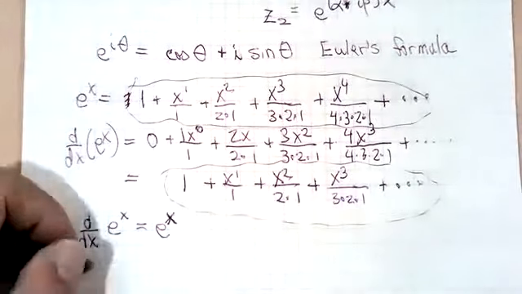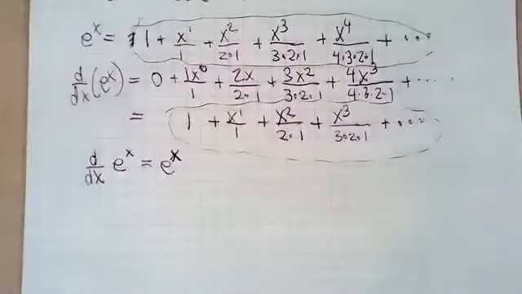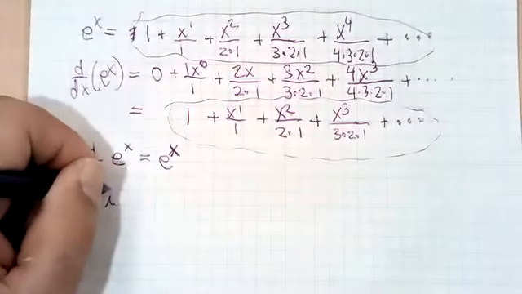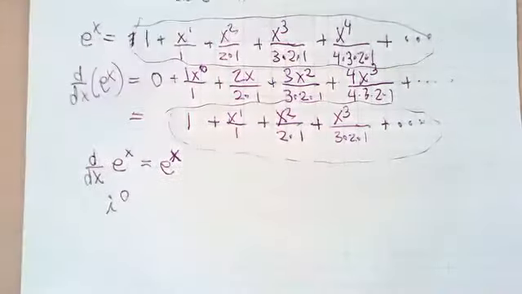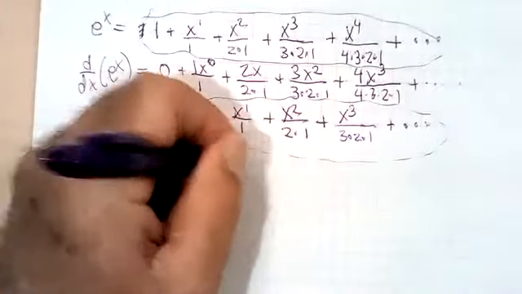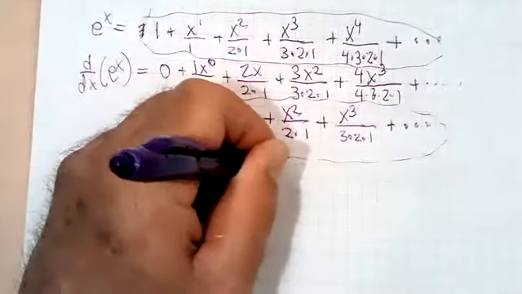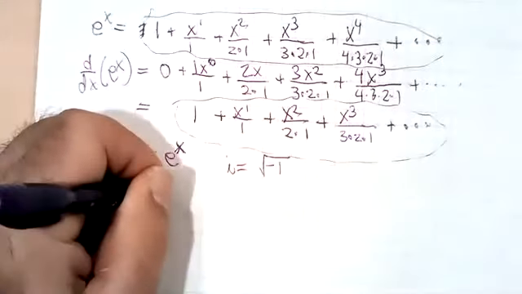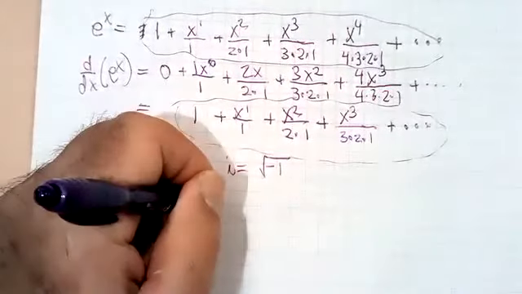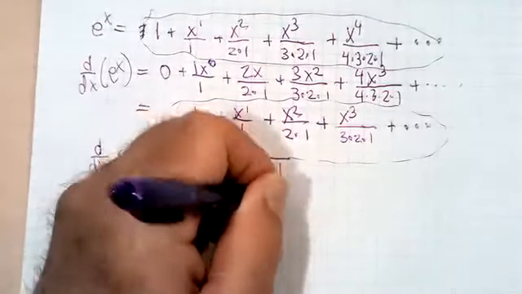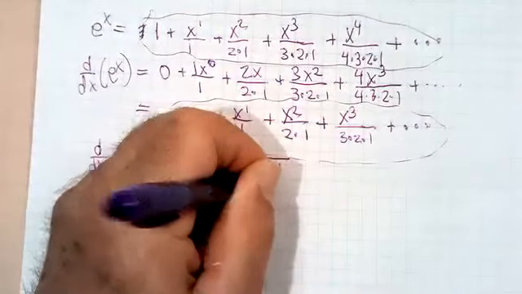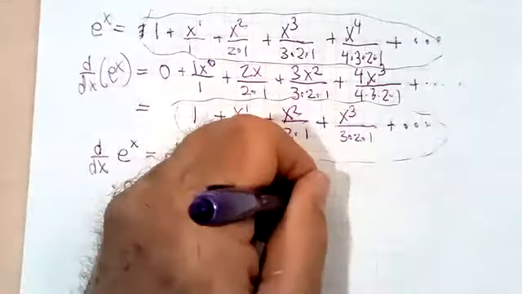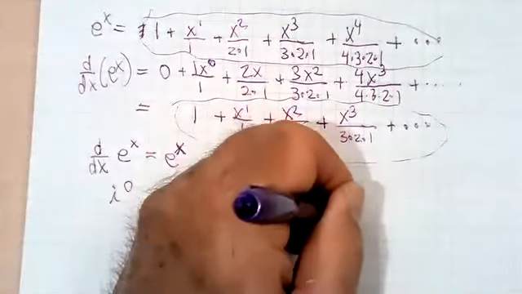Now here is another thing that we should know about. Let's take some powers of the number i. By i I mean just what you're probably already thinking. It's the square root of -1. So i to the 0, i to the 1, i squared, i cubed. Let's do a few more.